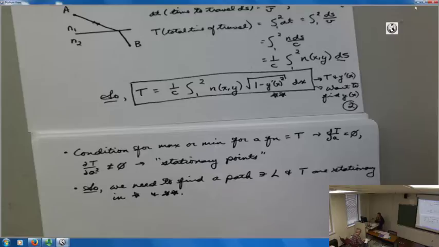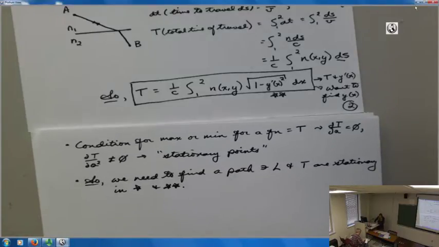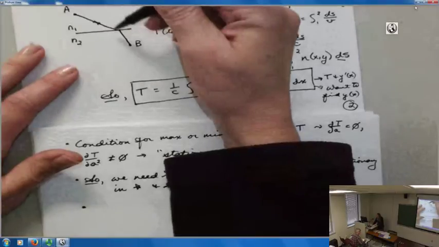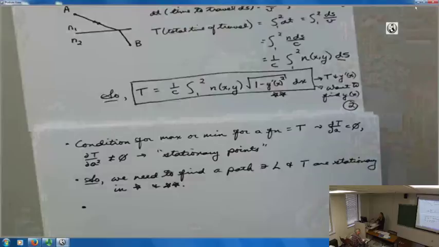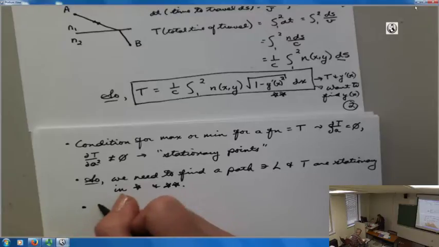We need to find a case where those values are stationary. And what are we going to vary? We're going to somehow vary the path, which we will come up with a way to do as well. Basically, we're going to construct all these different paths as a continuous function of paths, find the path for which these are minimum and therefore stationary, and then find the expression for that path. That's what we're going to learn to do, and this is called the calculus of variations.